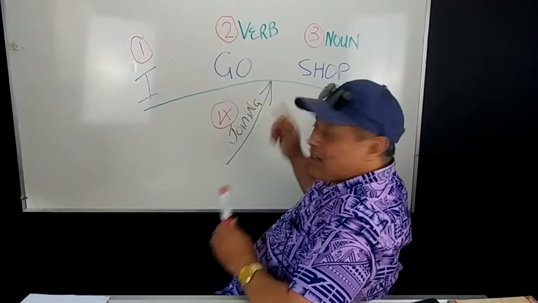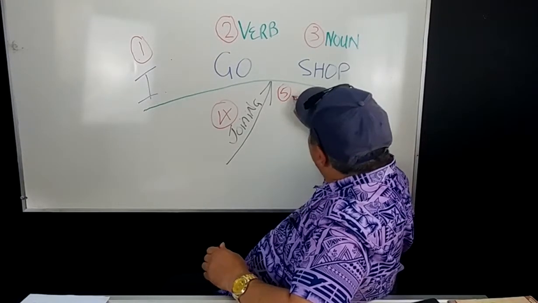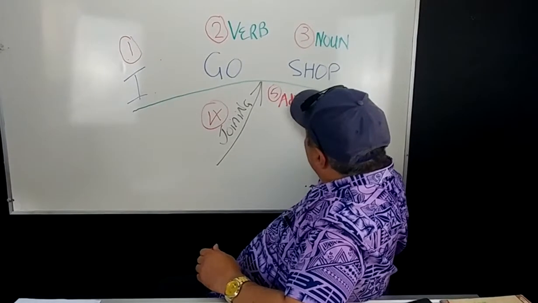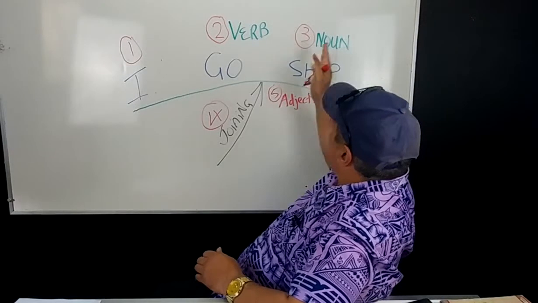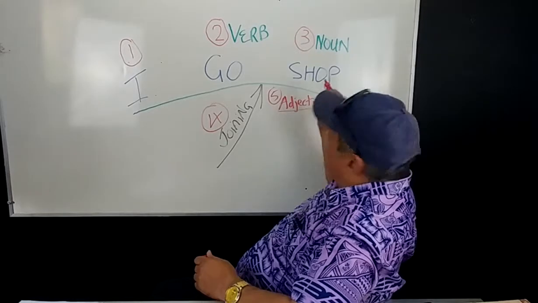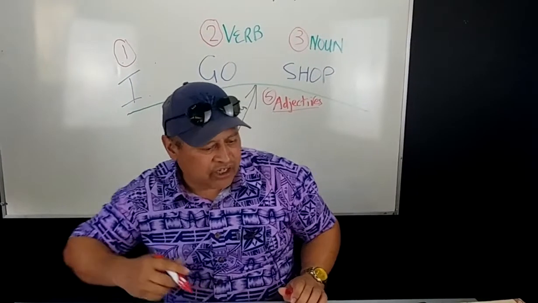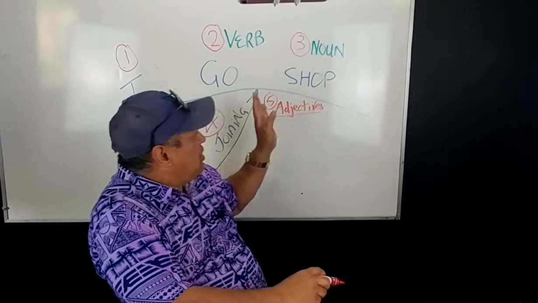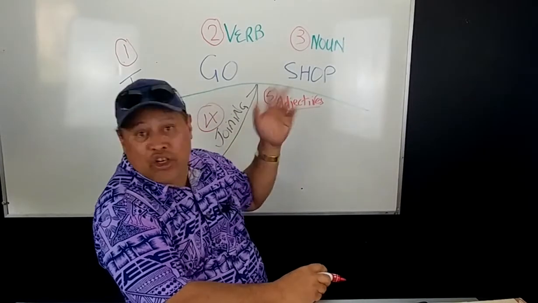I'm going to run out of board here, so I'm going to put number 5 there, and that is adjectives. Just to remind you of school, you have a noun and an adjective, and an adjective describes the noun. Like the Indian shop, the white church.